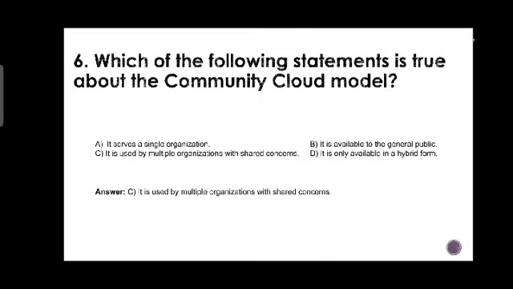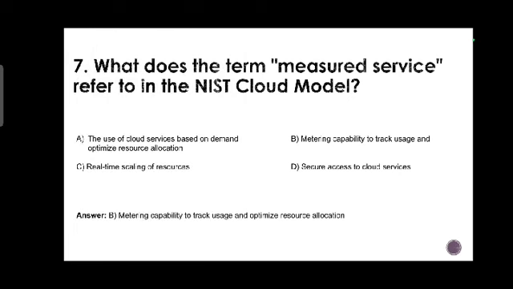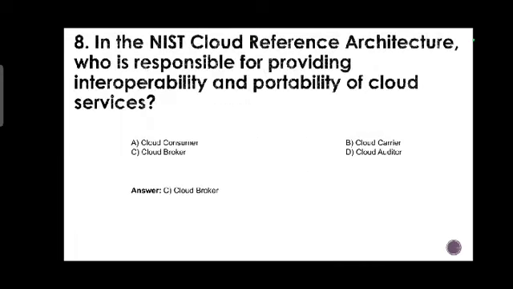Which of the following statements is true about the community cloud model? It is used by multiple organizations with shared concerns. What does the term measured service refer to in the NIST cloud model? B. Metering capability to track usage and optimize resource allocation refers to the measured service. In the NIST cloud reference architecture, who is responsible for providing interoperability and portability of cloud services?